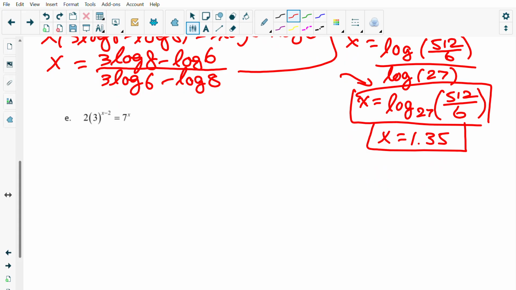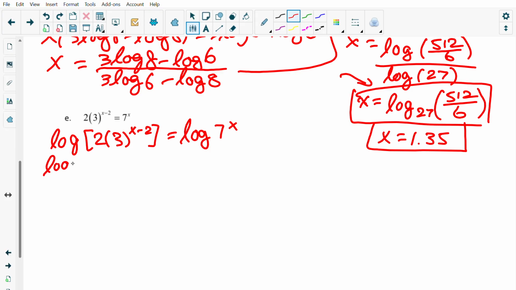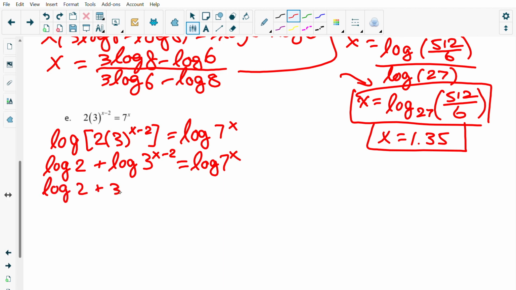All right, next one. 2 times 3 to the x minus 2 equals 7 to the x. So this one, I'm going to take the log of both sides again. So that's log of 2 times 3 to the x minus 2 equals log of 7 to the x. This one, I will do log of 2 plus, using the product law, log of 3 to the x minus 2 equals log of 7 to the x.